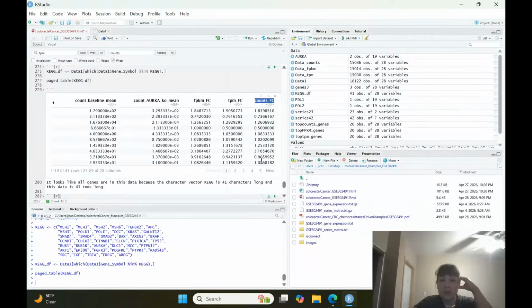If we order just one of them, they should all be the same because they're pretty much doing the same thing. Just one's fragments per kilobase million, one's transcripts per million, and one's counts of those genes. If you look across the fold change rows, they seem to all be either under 1 or over 1.